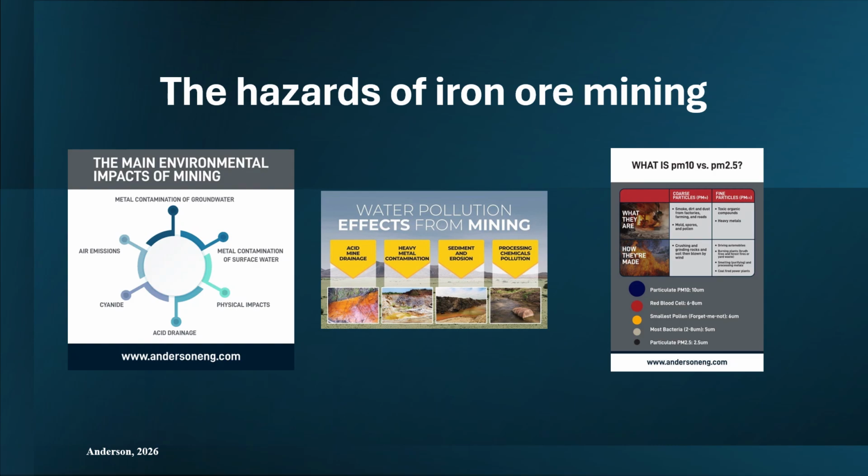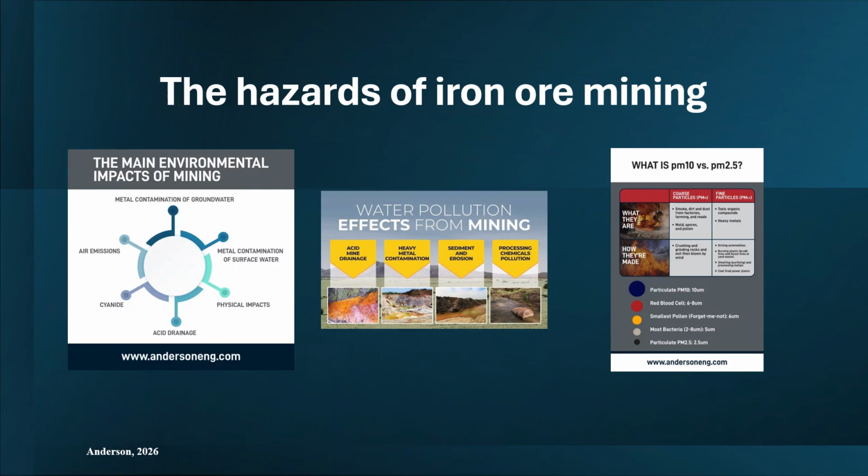Then when they go to the plant and dispose of the iron ore into the plant, it needs to be broken down. And when it's broken down, this also produces particulate matter.